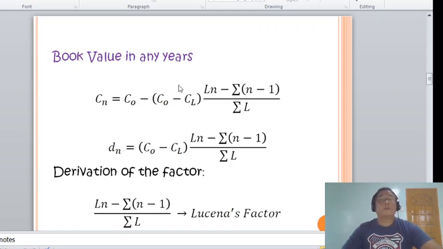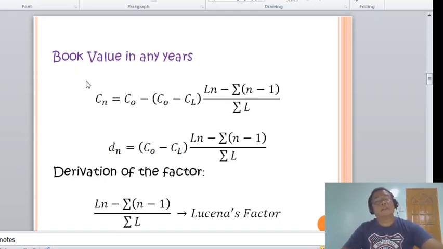Here is now, class, my formula. Okay? So, this formula was also derived during my college life. The book value in years can be computed using this formula now.